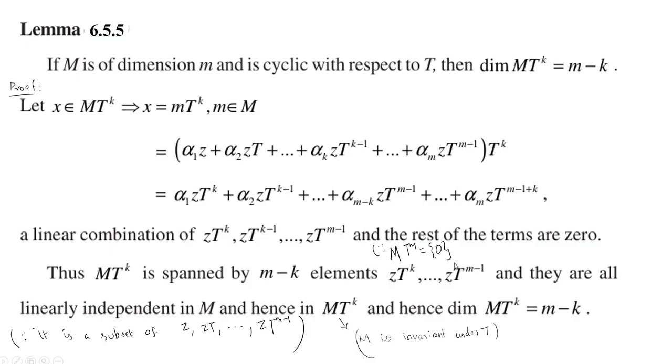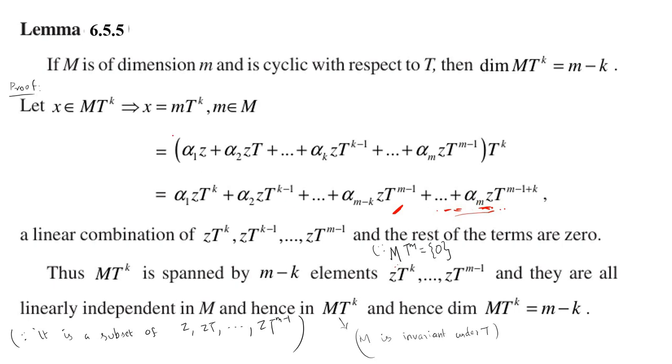Now in this, up to this term only we have, the rest will be 0. The reason is M T^m is 0. So capital M T^m, whatever the element in capital M, when we consider this, they all become 0. So from this term onwards, we will have only 0.